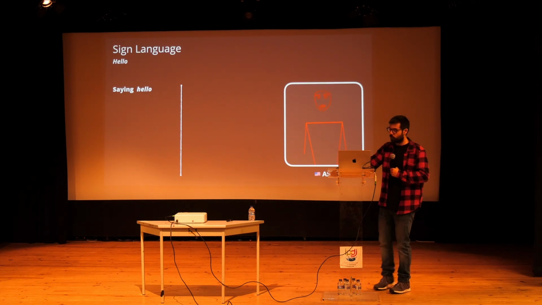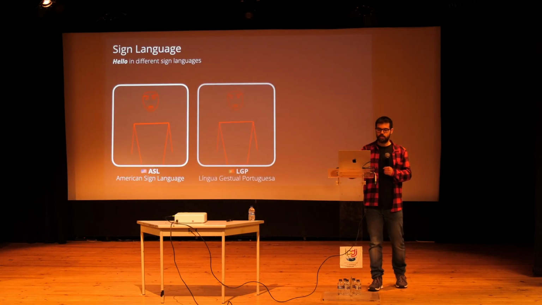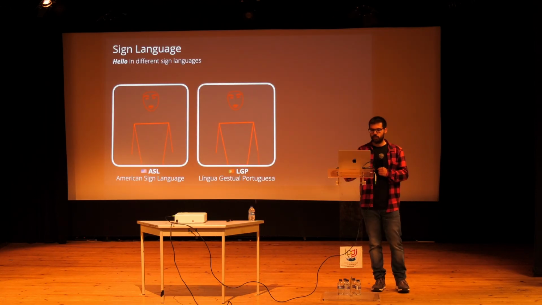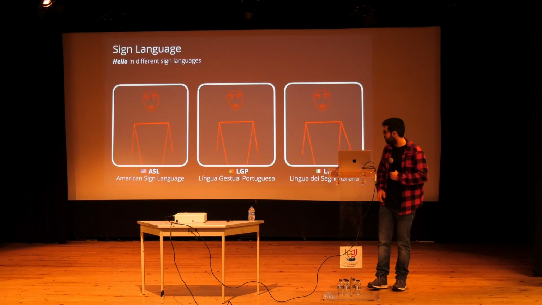However, if we now go to different languages, it can be identified a bit differently. Something as simple as hello, in American Sign Language you do it like this. If you go to Portuguese, you're a bit shy, so you do it something like this. And if you go to Italian, you're once again really happy about it.